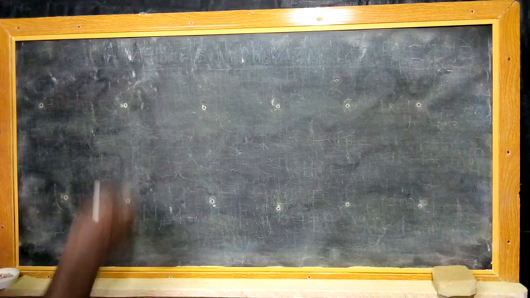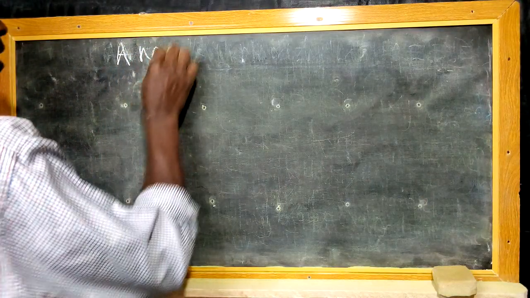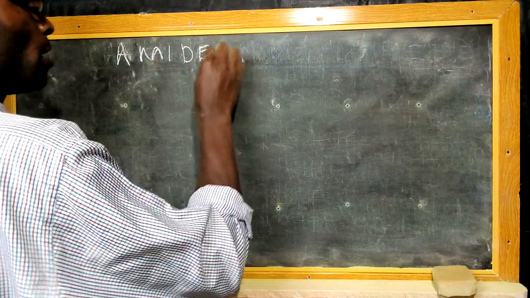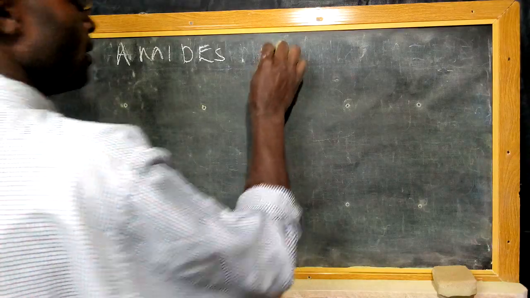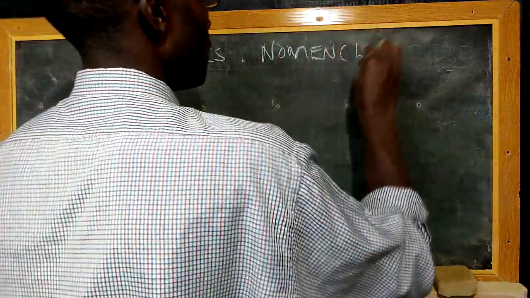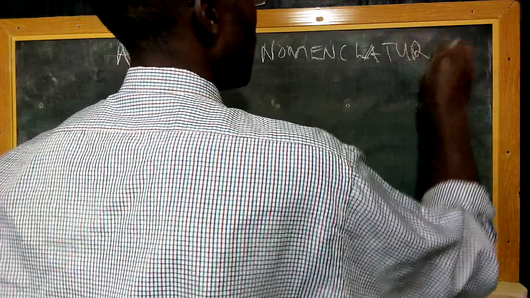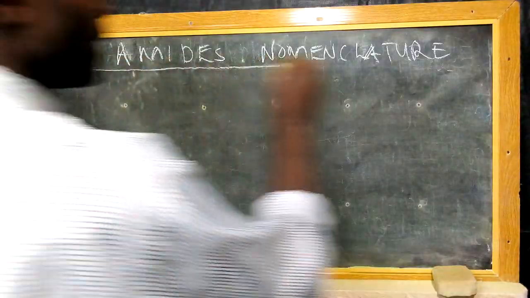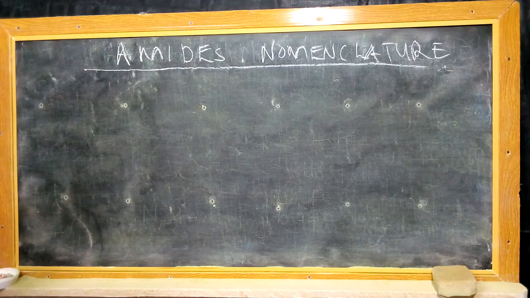As we have said, we are going to discuss the nomenclature of the amides. Amides are another class of organic compounds, and we shall have to look at the specific rules which are used in naming them.